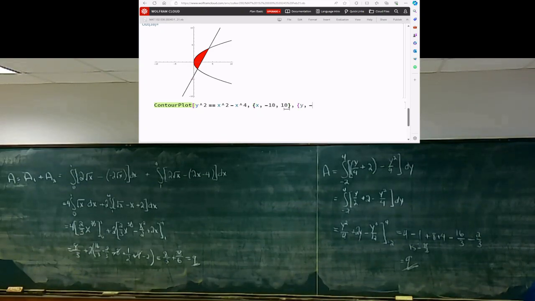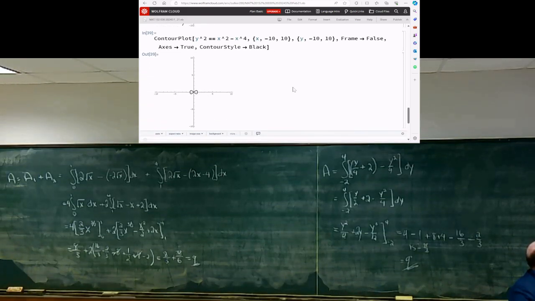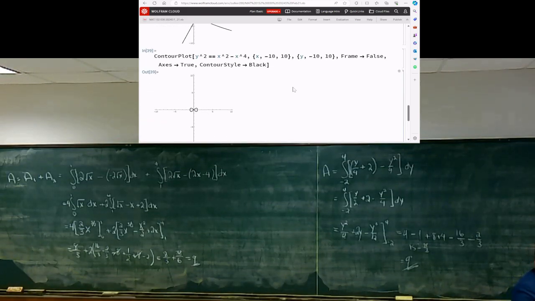Start with the standard viewing window. Obviously, that viewing window is too large. So adjust it.